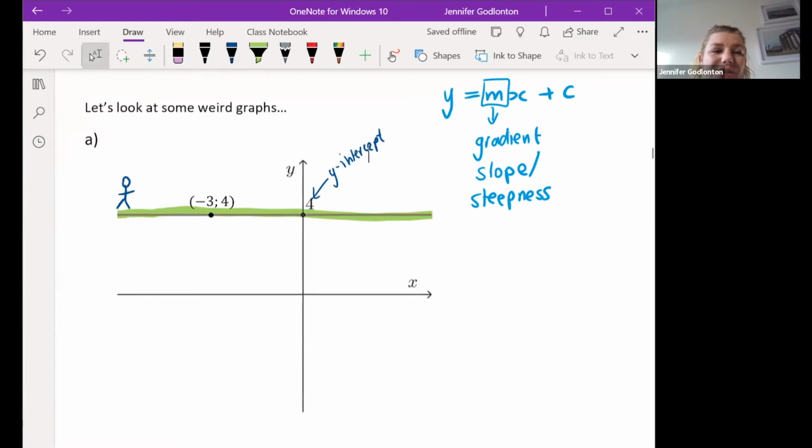Good. Because our y values are the same, that's a 4 over there and that's a 4 over there, we end up with a gradient of 0. We have this straight line, and so we have a gradient of 0.